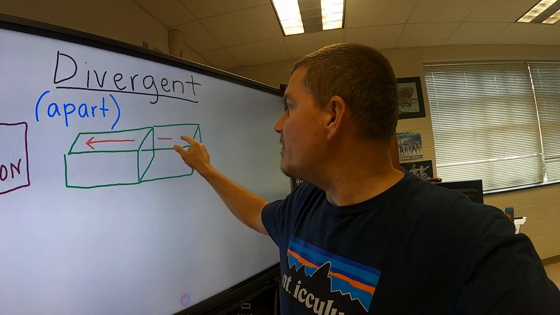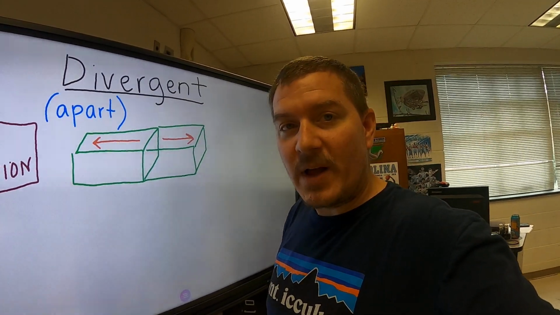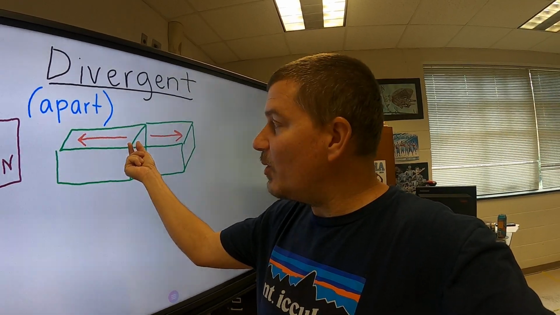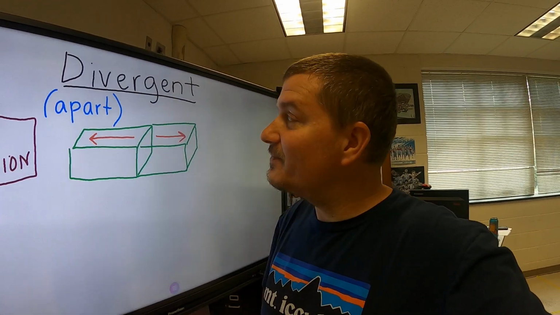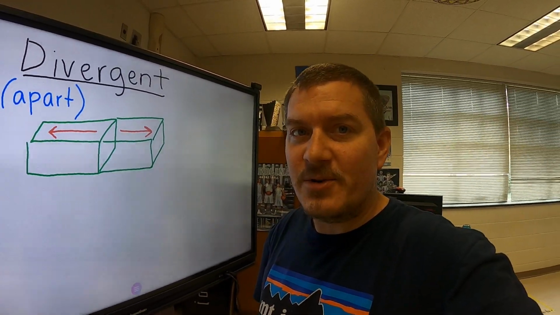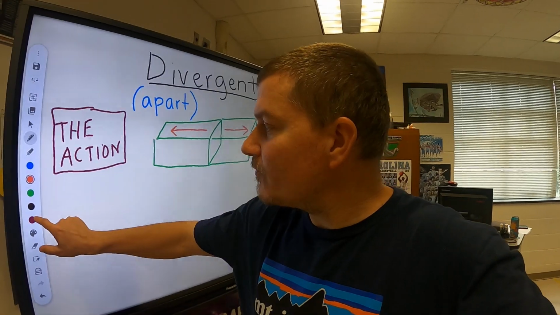So we've got 1 plate moving to the left, 1 plate moving to the right, and in the middle between them, the plates are being pulled apart from each other. So that's the main concept in a divergent plate boundary. Our plates are moving apart from each other.